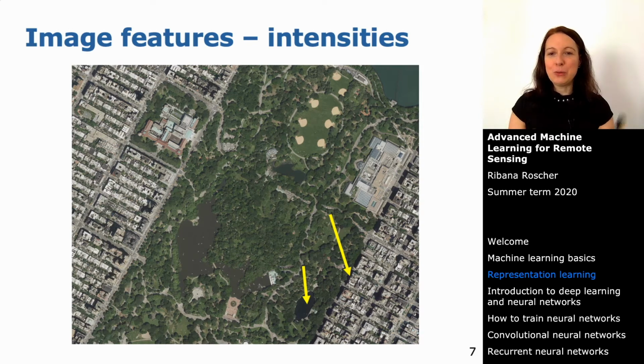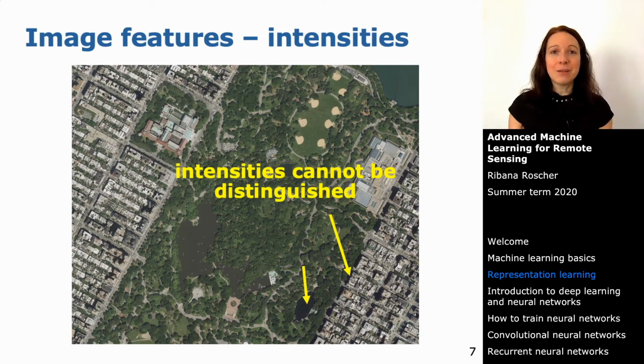And if you do not use context information, so just look at the pixel information, you will see the intensities cannot be distinguished. They have exactly the same value, so you cannot tell, if you only look at the pixel, if it's a lake or just the shadow of a building. That's why you need more complex features, better features, more descriptive features.